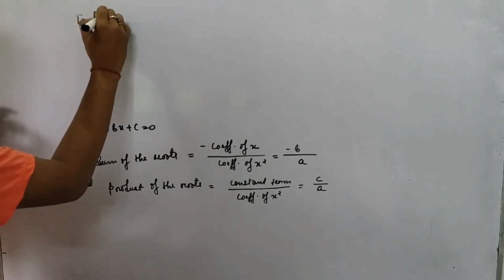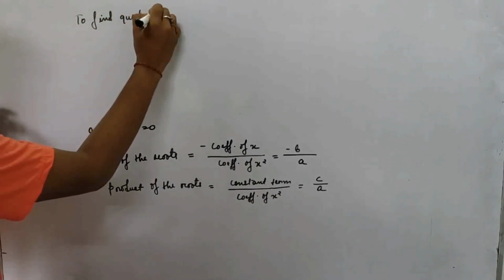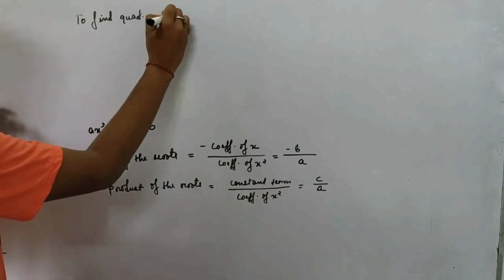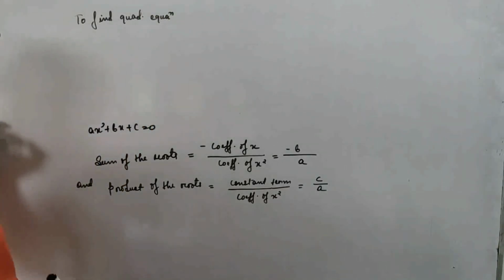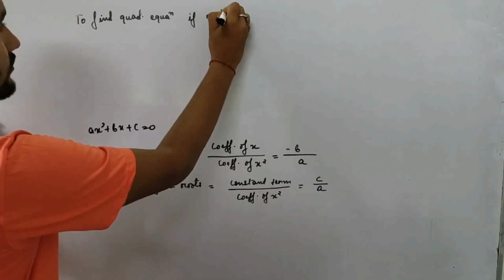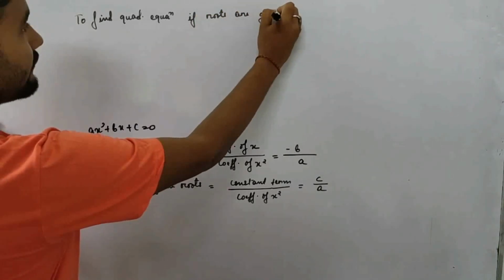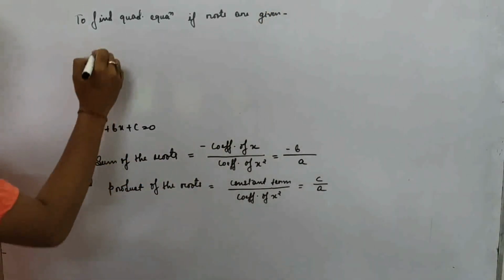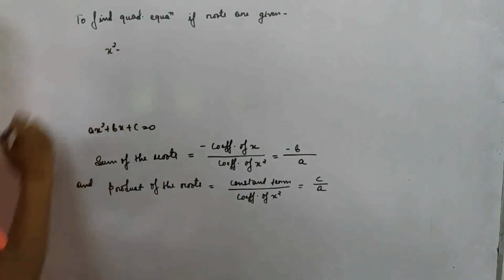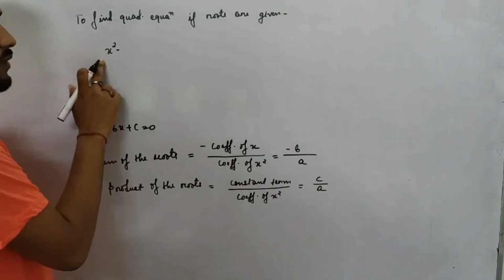So what is the formula to find the quadratic equation, if roots are given? The formula is very simple. X square minus, remember, okay, the coefficient over here is 1.